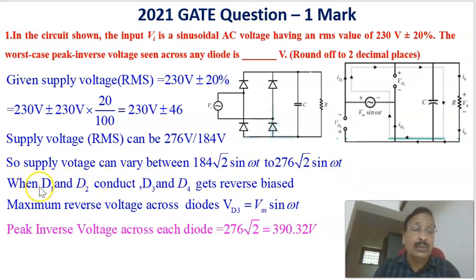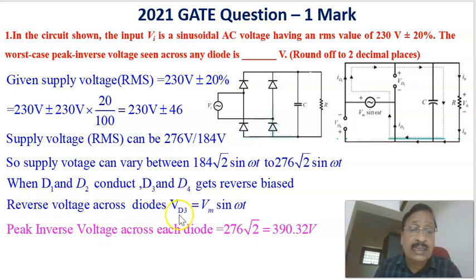Now consider the peak value. For example, here when diodes D1 and D2 are conducting, that voltage will reverse bias the other two diodes, D3 and D4. The maximum reverse voltage across the non-conducting diodes is equal to Vm.